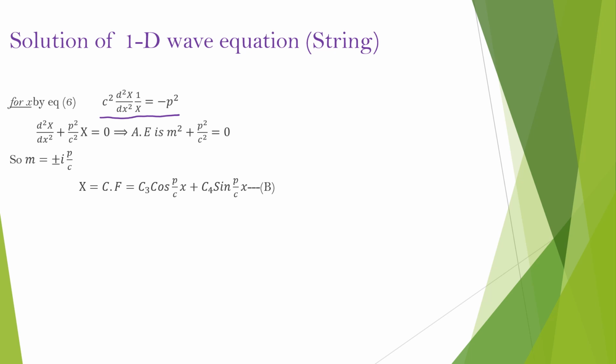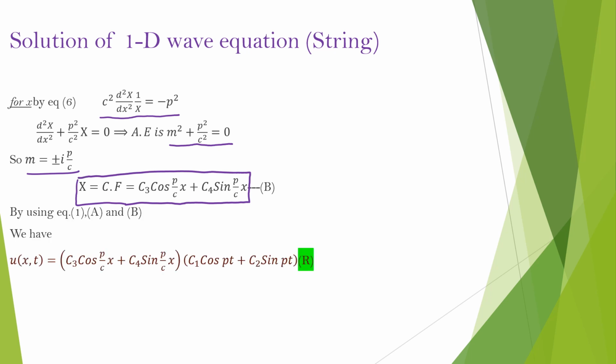The auxiliary equation for this problem is m² + p²/c² = 0. That means m = ± (p/c)i. So the capital X is equal to C3 cos(p/c)x + C4 sin(p/c)x. So we get the values of X and T.